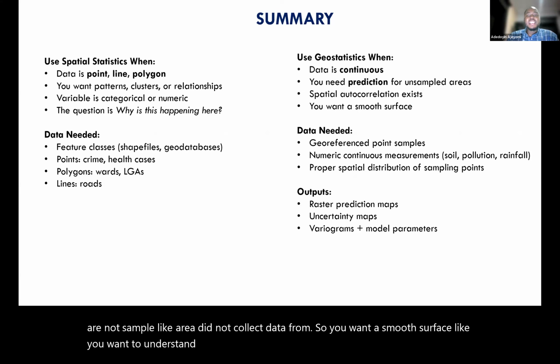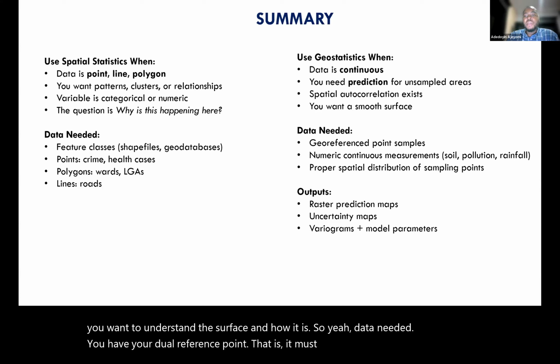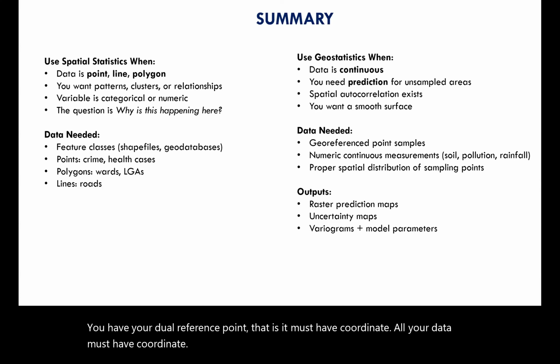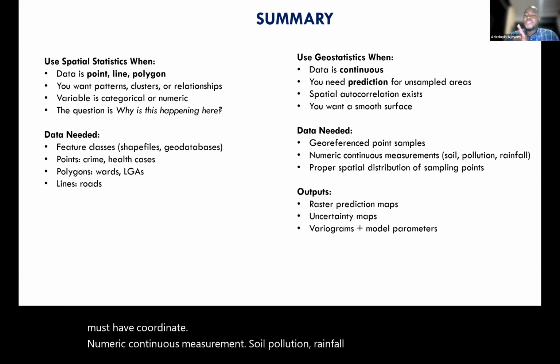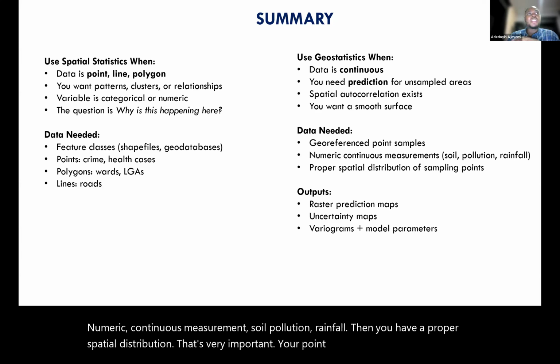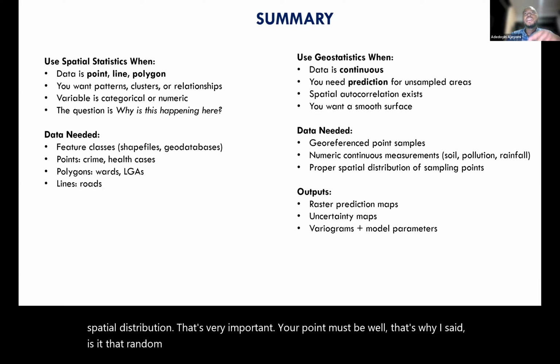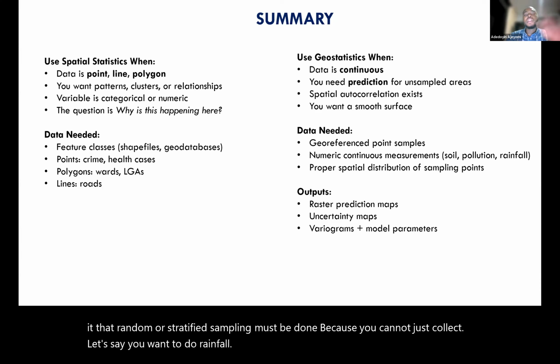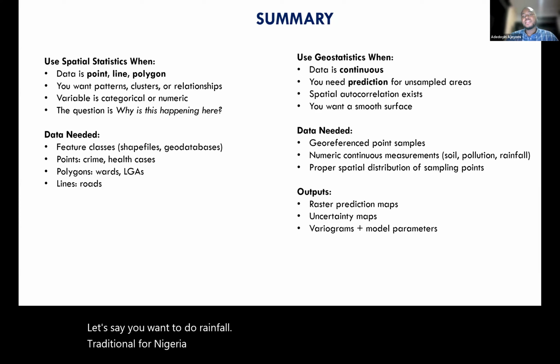So for data needed, you have your georeferenced points, which must have coordinates. All your data must have coordinates. Numeric continuous measurements: soil, pollution, rainfall. Then you have proper spatial distribution. That's very important. That's why I said either random or stratified sampling must be done, because you cannot just collect anywhere. Let's say you want to do rainfall prediction for Nigeria and you use only the sensors in the Southwest.